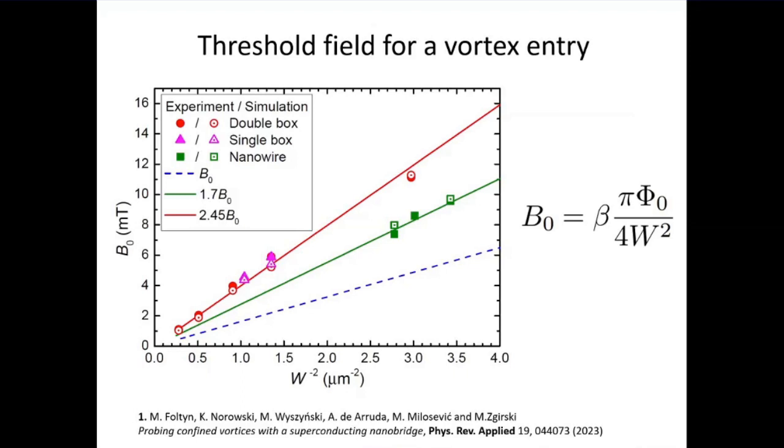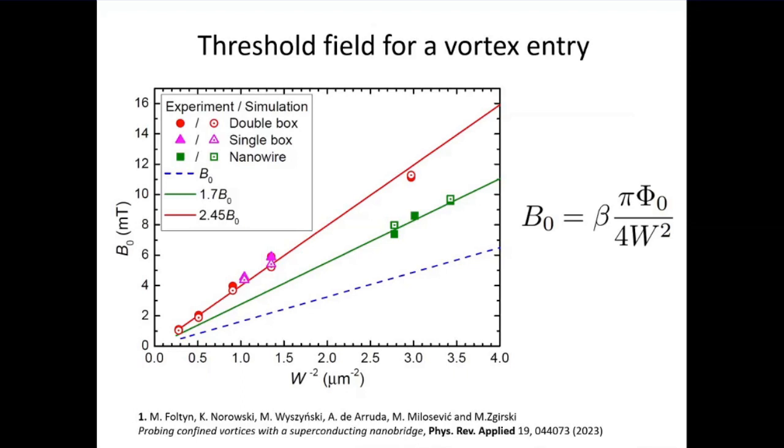So what is the beta in this case? Beta is a phenomenological parameter, because this formula should be strictly valid for wires. But we found that for wires we need an additional multiplicative factor, which is 1.7.